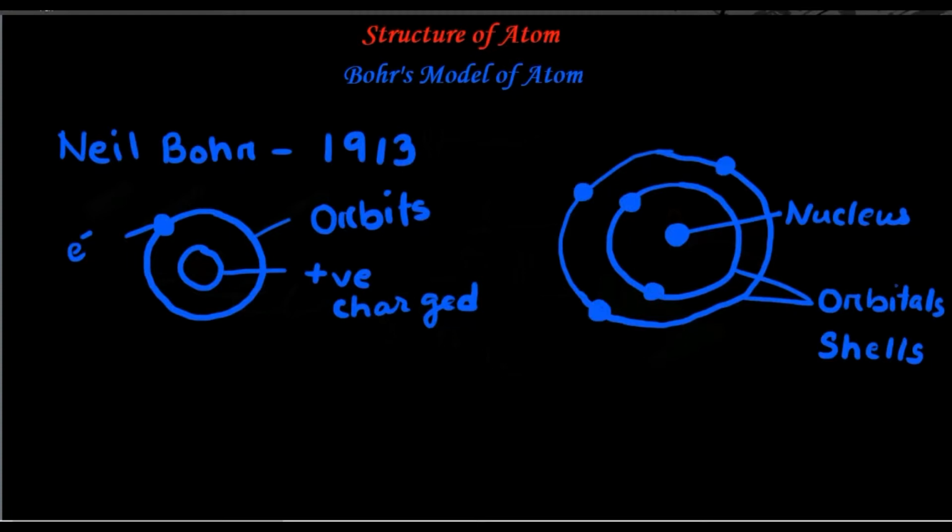So Rutherford's model basically explained the nucleus of an atom, whereas the Bohr's model explained the electrons as well as the different energy levels associated with them.